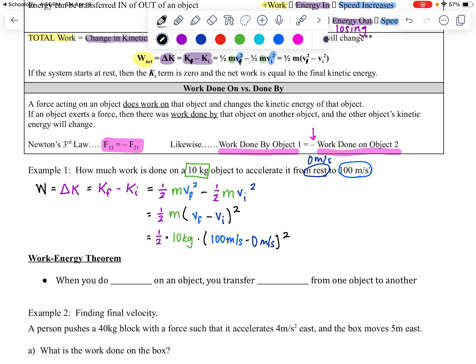So this is 1/2 of 10 is 5, then 5 times 100 squared, right? 100 squared is 10,000, 4 zeros. So this is 50,000. Work is in joules, right? So 50,000 joules is my final answer.